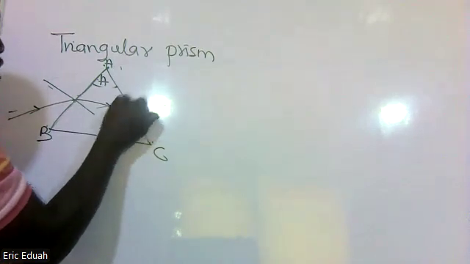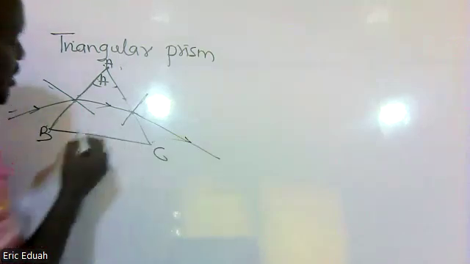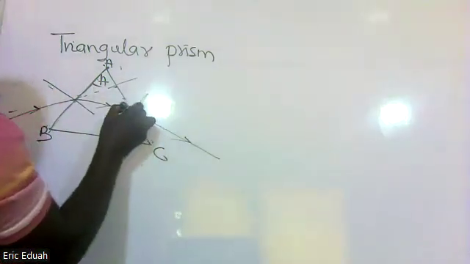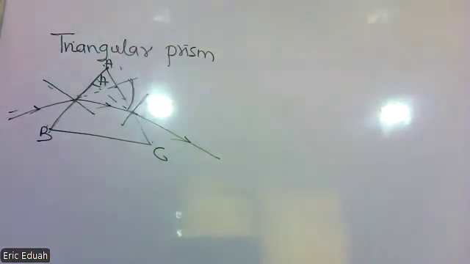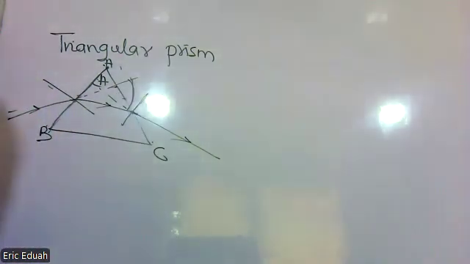And when it is also emerging out of the prism, it will also deviate. Okay, so when you extend this and then extend this, you have a larger deviation. And it is for this reason that we use triangular prism for the dispersion of light.